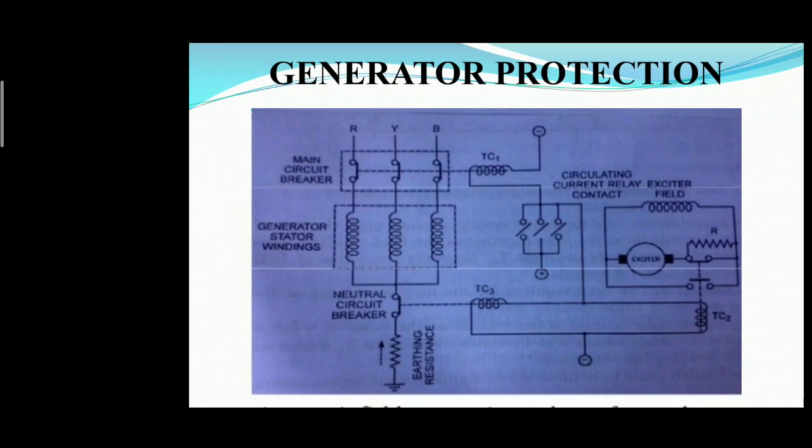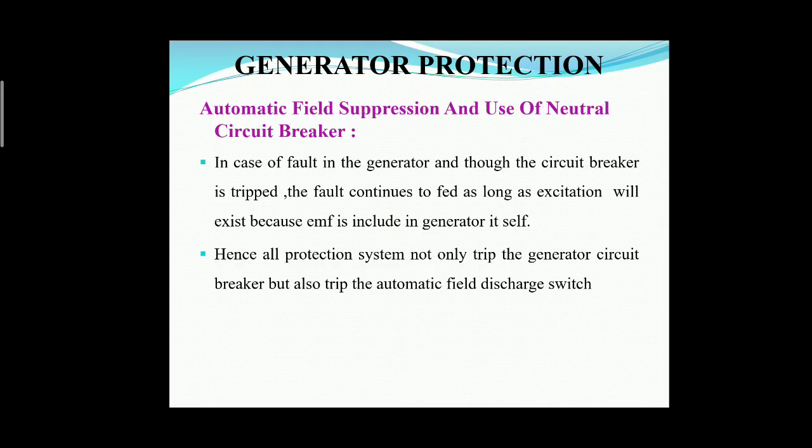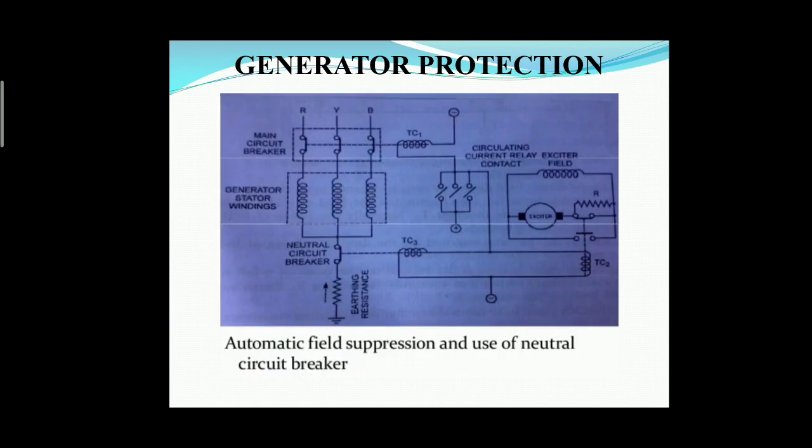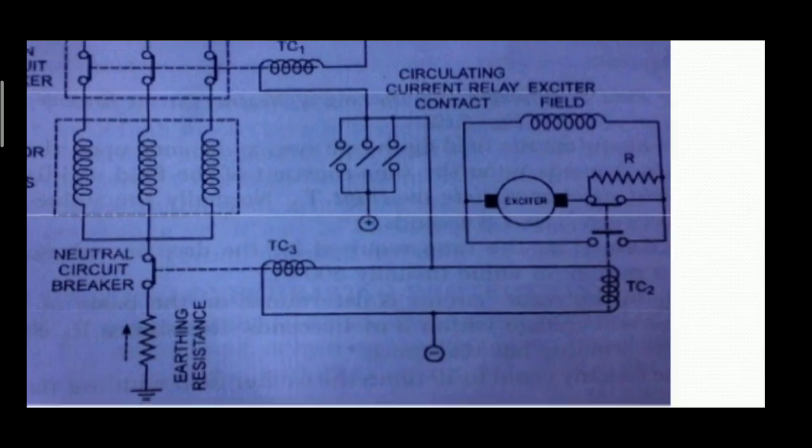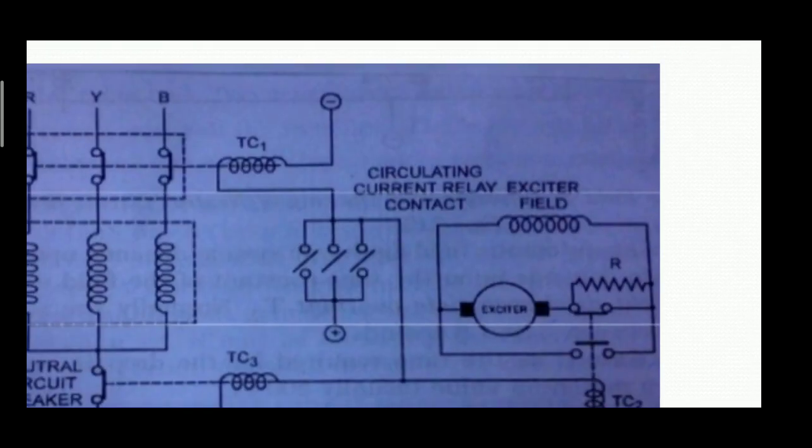When a fault is obtained, the circuit breaker is tripped automatically. But as long as the excitation exists, the fault current continues to increase.